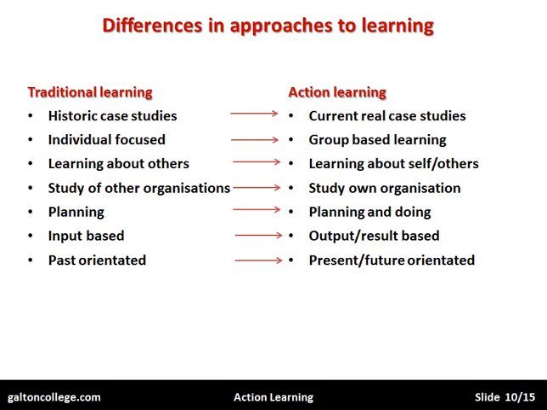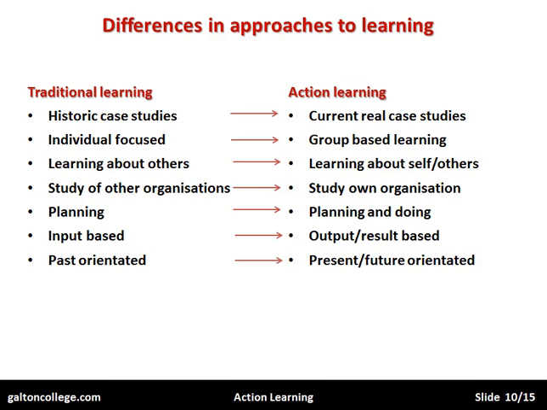The action learning one is based in the present. It's looking at the situation right now. It's confronting a problem within work right now. And it's not just trying to resolve that problem now, but trying to find a way of capturing the experience of resolving that problem so that it can be used in the future should the same problem arise.